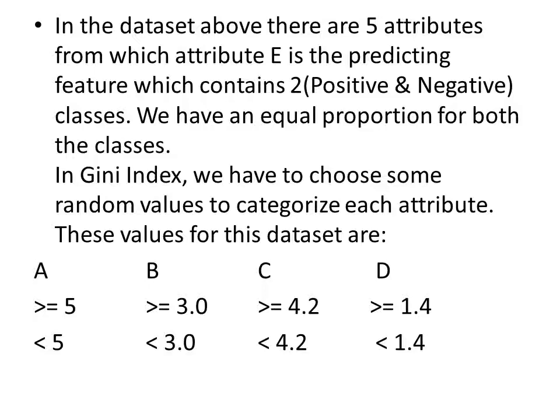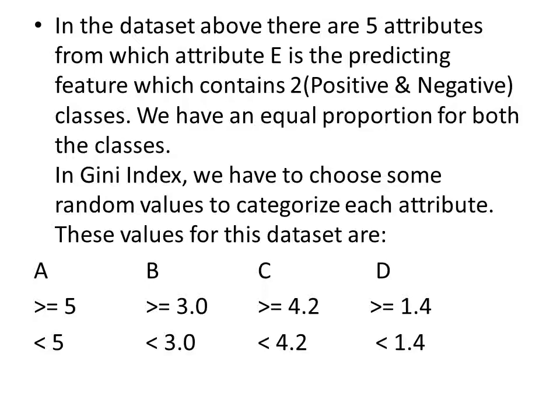In Gini index, we have to choose some random values to categorize each attribute. For obtaining the Gini index, we have to choose some random values from the data set given. So what are the random values chosen based on our example?